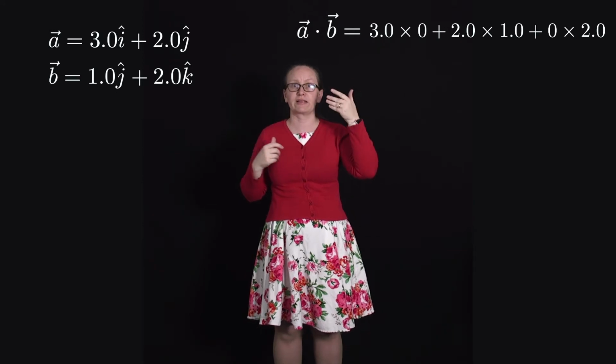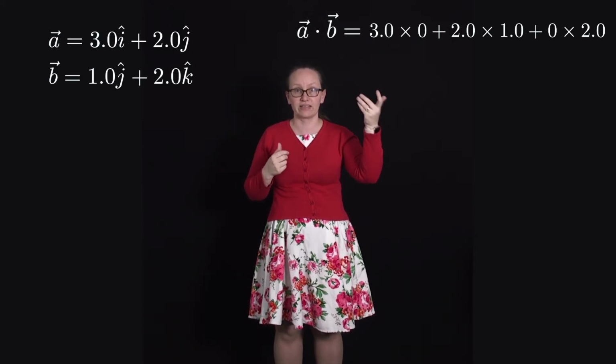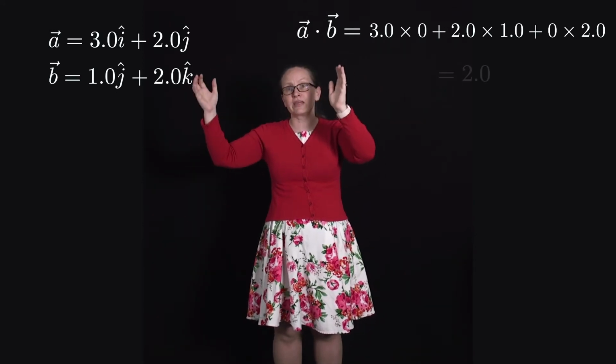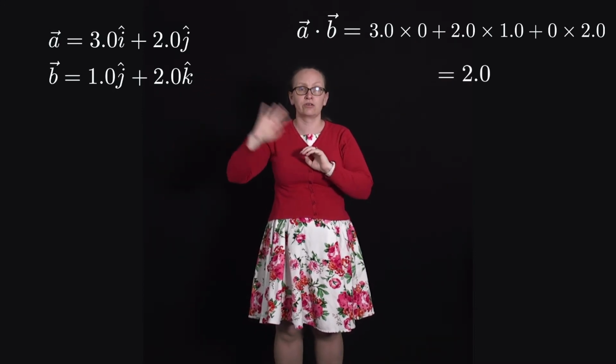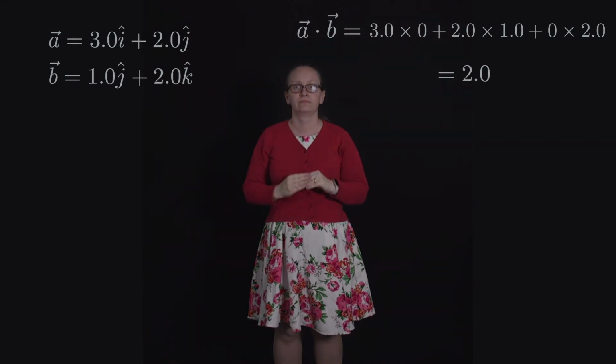And again, the 0 is because the vector A has no component in the k direction. So summing those up, we end up with just the 2. So the answer to this dot product is 2.